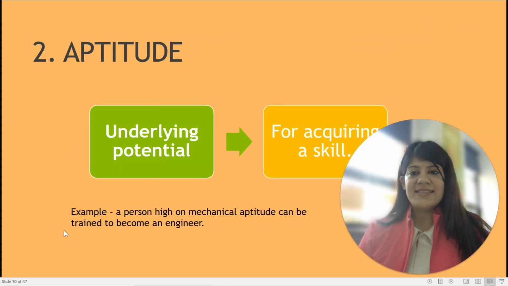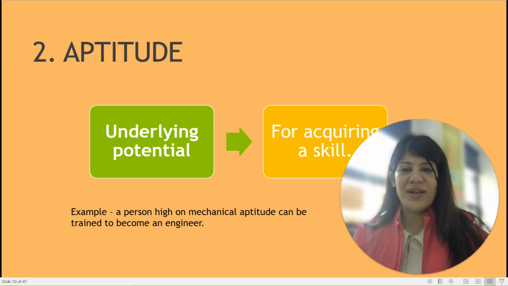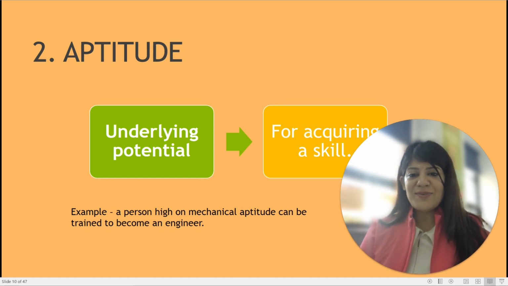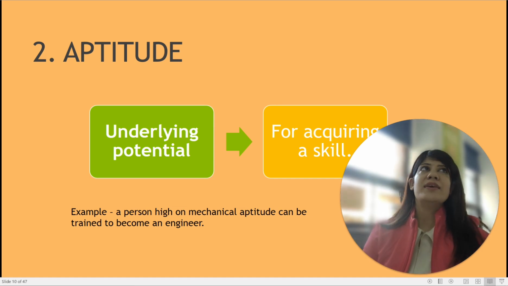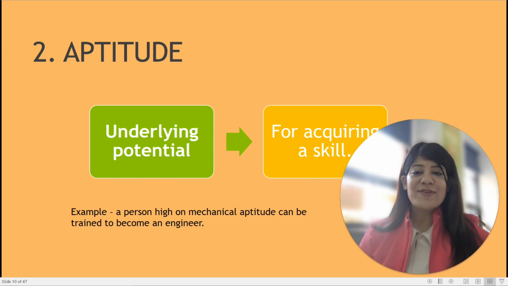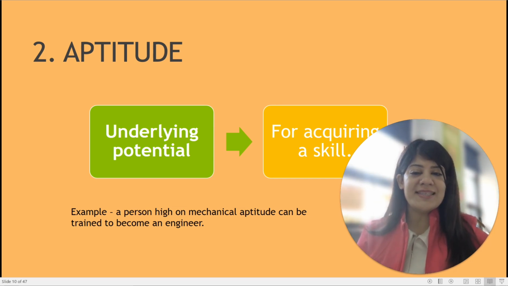So the next keyword we'll look at is aptitude. So what is aptitude? Do you remember taking a test when you were coming from grade 10 to grade 11, which helped determine whether you should choose science as your mainstream or maybe commerce or humanities? That test was basically mapping your underlying potential. All of us are born with some potentials.